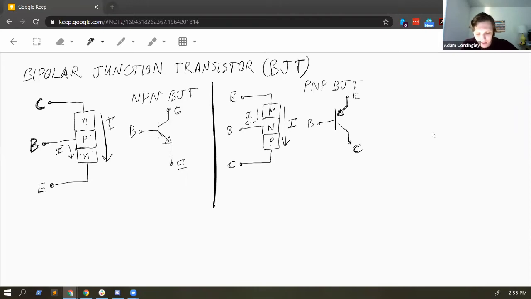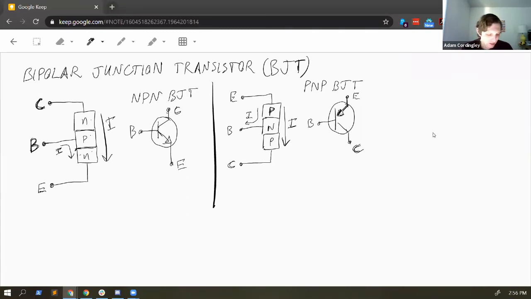But this region here is emitting electrons. It's weird terminology, I'll admit it, but this is the terminology. This is the convention. I like to draw a circle around my BJTs.